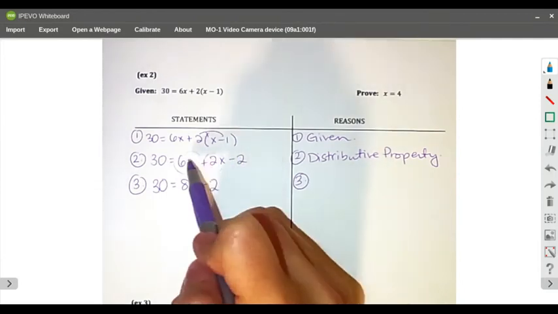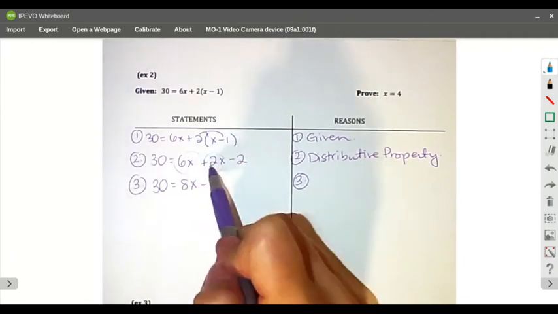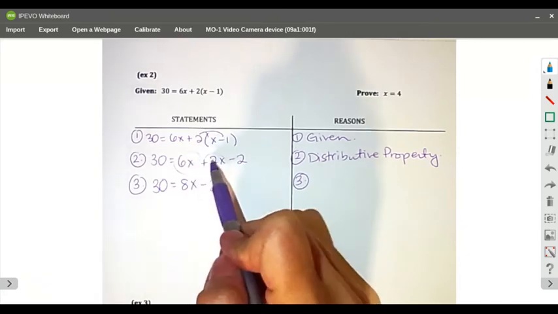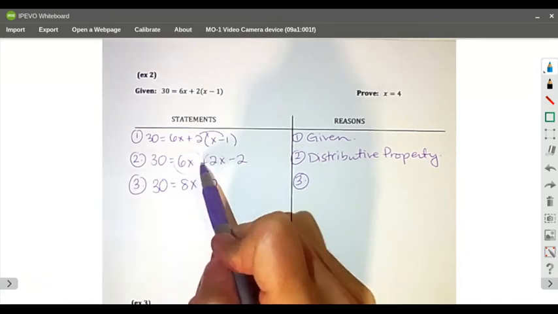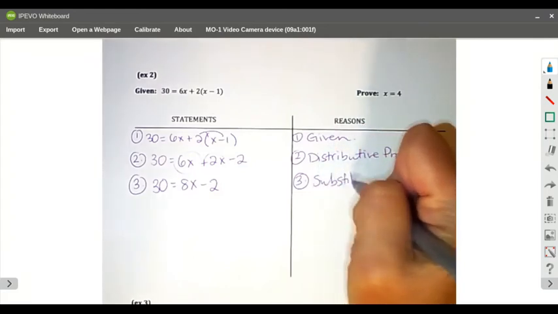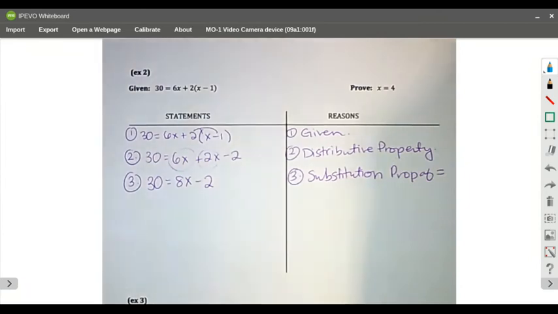I'm simply substituting and replacing 6x plus 2x with 8x, because they're equivalent, right? 6x plus 2x is the same thing as 8x. So that's called substitution property of equality. That's the one that I said comes in many different forms, but in an algebraic proof, it's when you combine like terms.